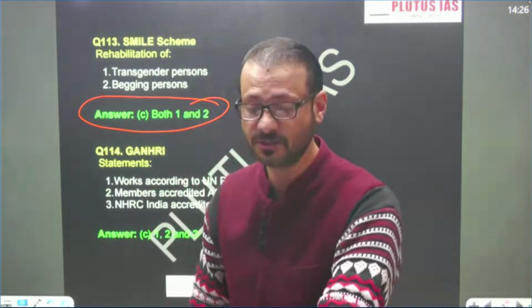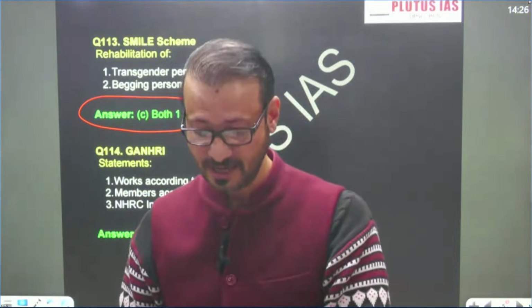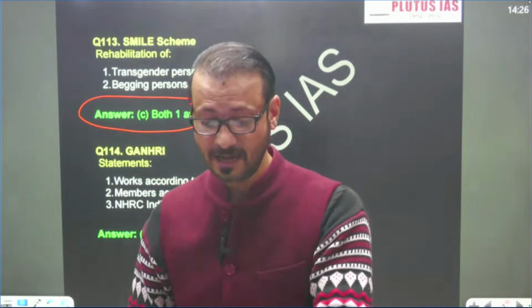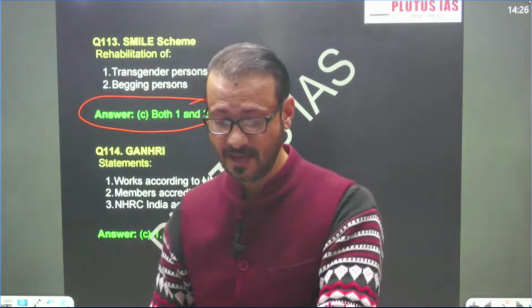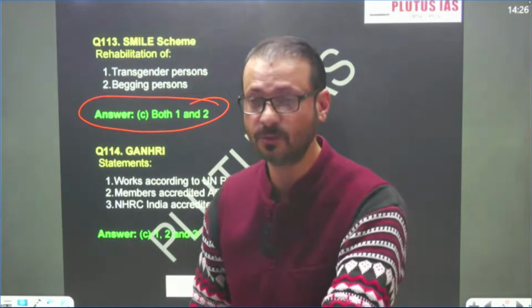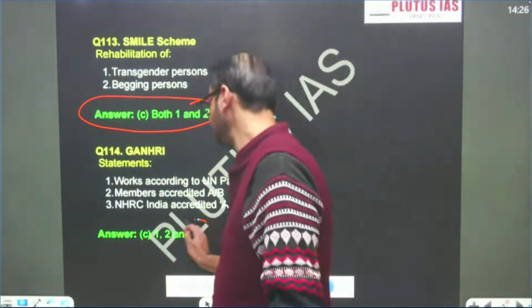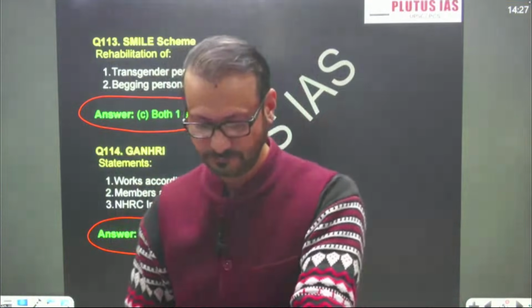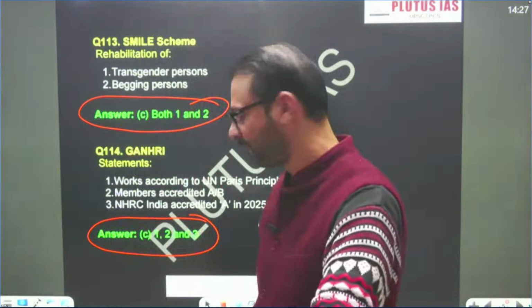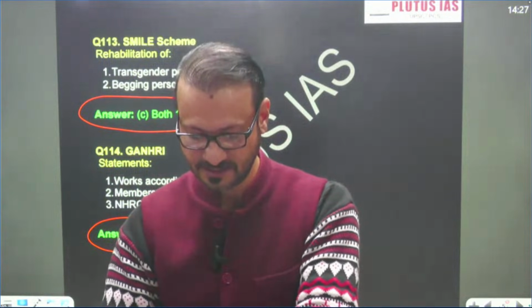The third statement is that the National Human Rights Commission, NHRC of India, has been accredited and classified under category A in the year 2025. The correct answer is C, 1, 2 and 3. These three are the right answers.